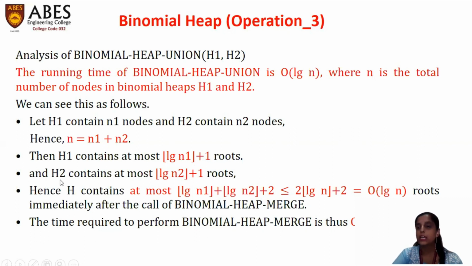To traverse heap number 2, it will also take log n plus 1 time, and when we merge both binomial heaps together, we'll get 2 log n plus 2, which is equivalent to O of log n, because we only take the dominating terms and neglect all the small terms. So the time complexity of the union operation is O of log n.